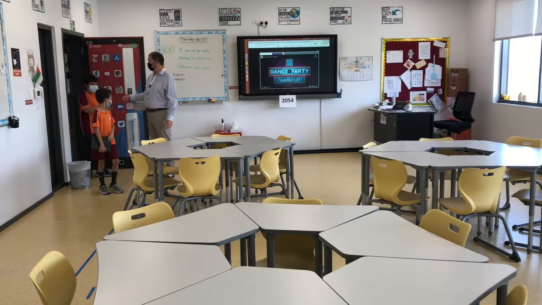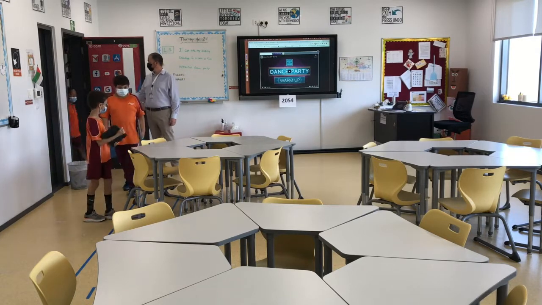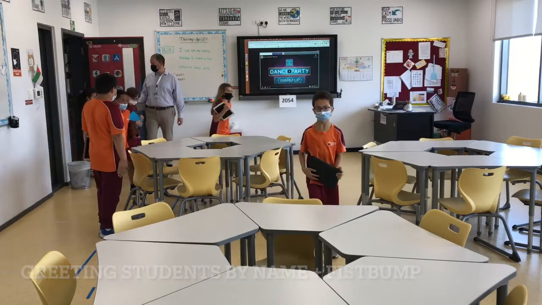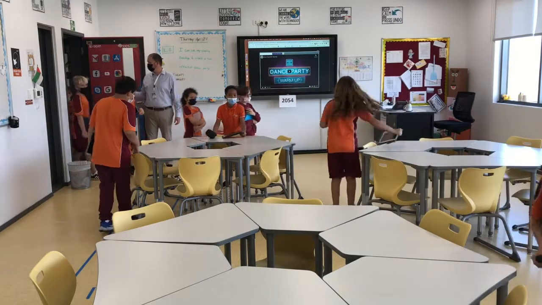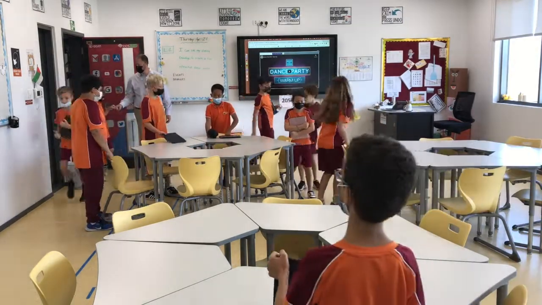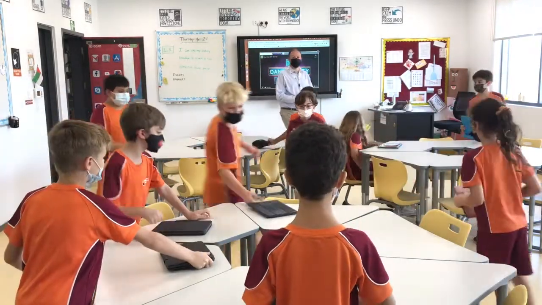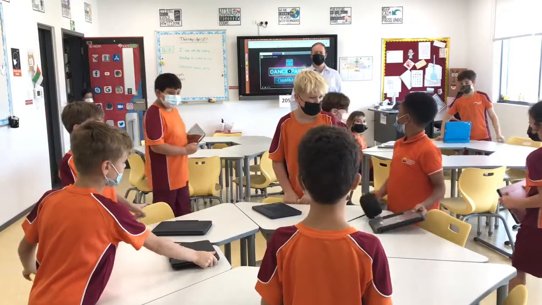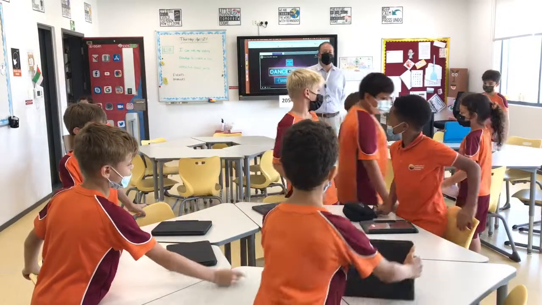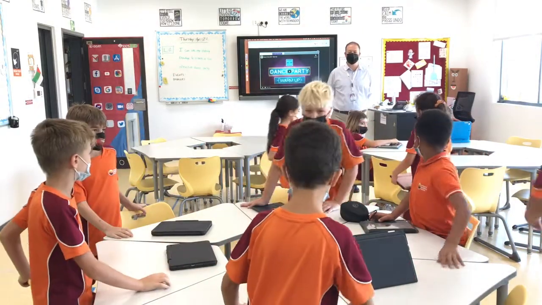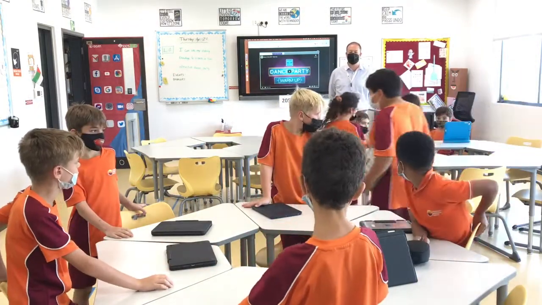Ryan, Ellen, Blake, sit down. Grab your seats, wherever you want. Grade 3, you can sit in a yellow seat wherever you like, and we'll get started.